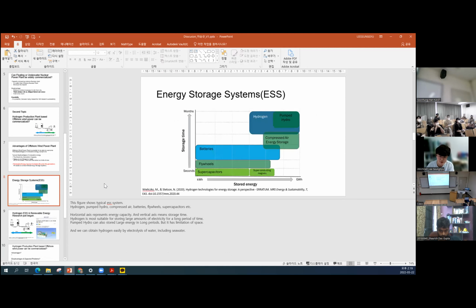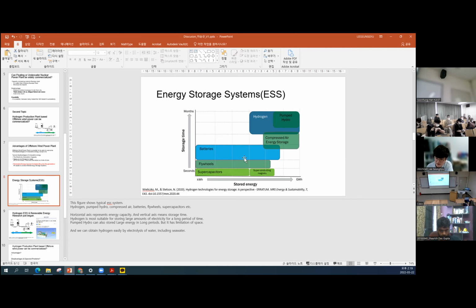I will show you this figure. It is about energy storage systems. The horizontal axis represents energy capacity, from low energy to high energy, and the vertical axis means storage time.